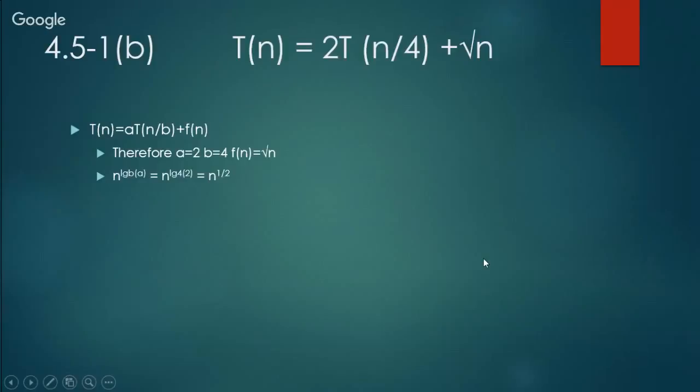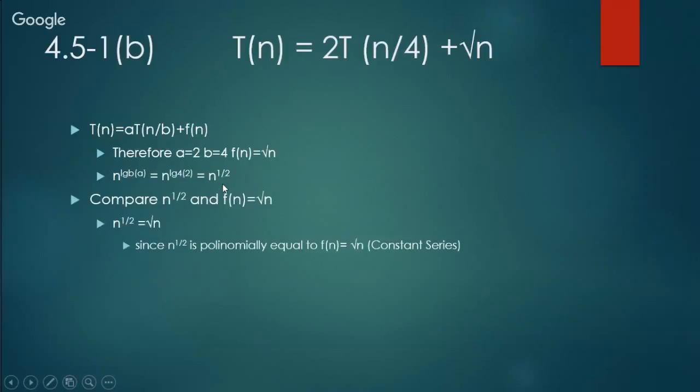If you substitute our a and b into n to the power log base b of a, we find n to the power of a half. Then you compare this value with f(n), and we discover that n to the half is equal to the square root of n.